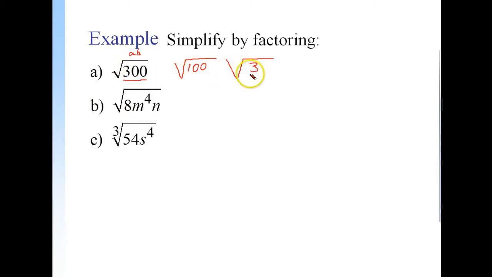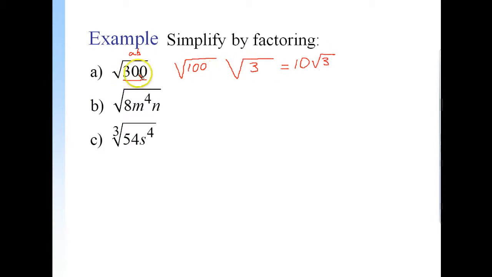So if you were to multiply these, you'd get that, but we're trying to simplify, and we're saying we could factor 300 into 100 times 3. Now, what is the square root of 100? And the answer is 10, the square root of 3.